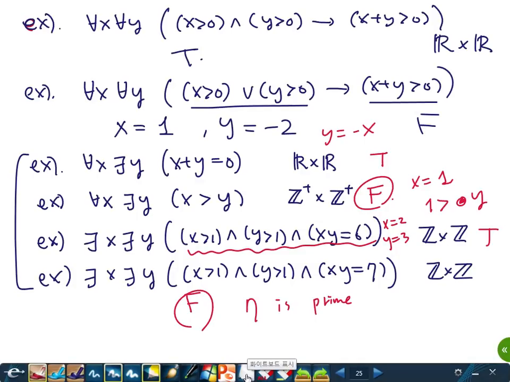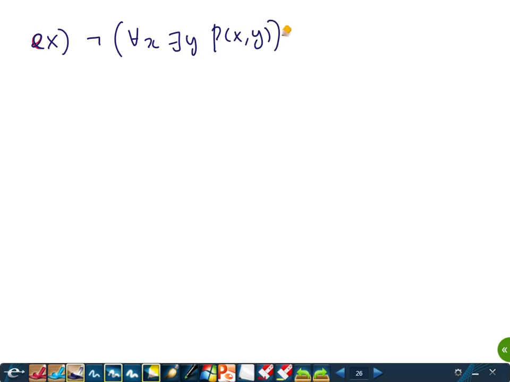Okay, and negation. When we have negation, we can also have nested quantifiers, and then we can negate the statement. All right. Can you do this? You can do this step by step.